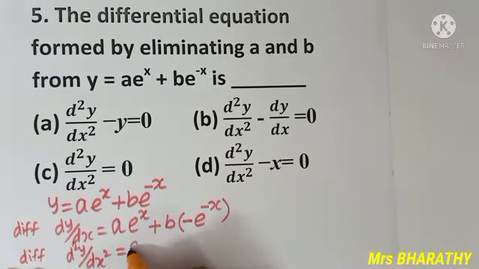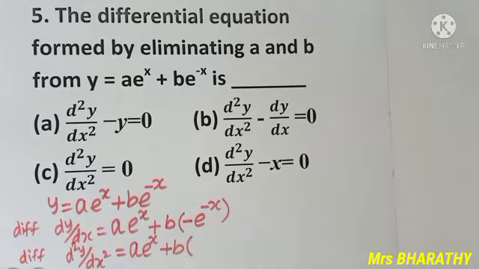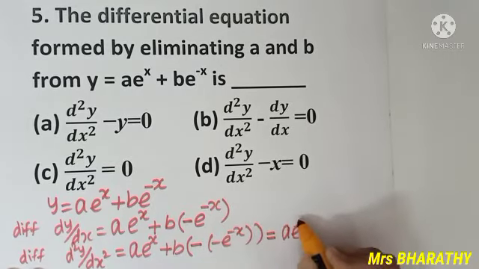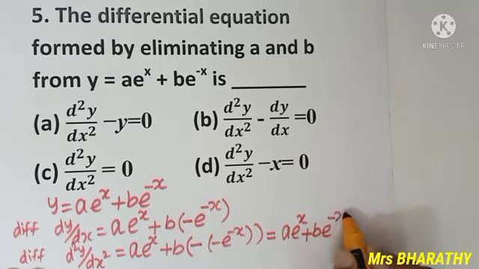RHS A as it is, e power x becomes e power x plus b into minus e power minus x will become minus e power minus x. There was a minus symbol already. Minus into minus will give us plus symbol. So a e power x plus b e power minus x.